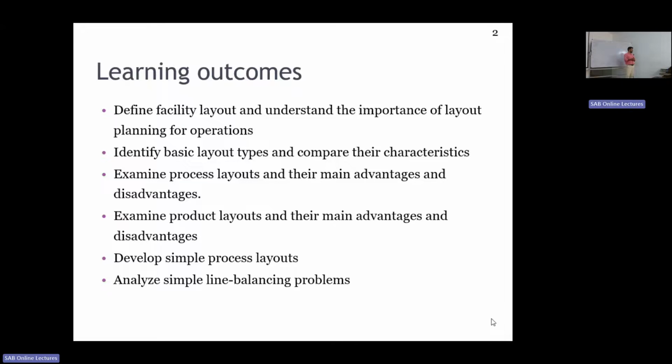Is that clear? What we are going to cover? Layout and layout related. Just have a look at the content we are going to cover. It's a huge topic.